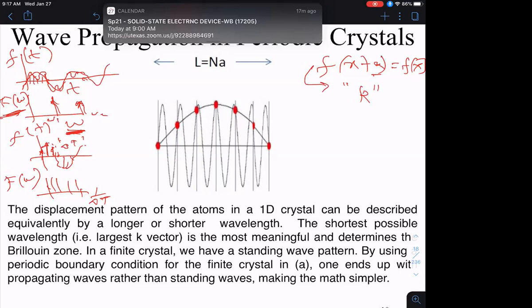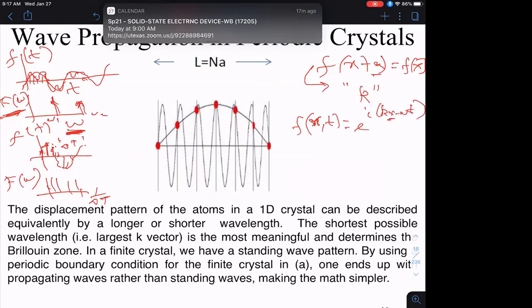And we'll look at functions of the type, say f of x and t, so time-dependent waves propagating in this periodic crystal, which will be of the form e to the power i(kx minus omega t).